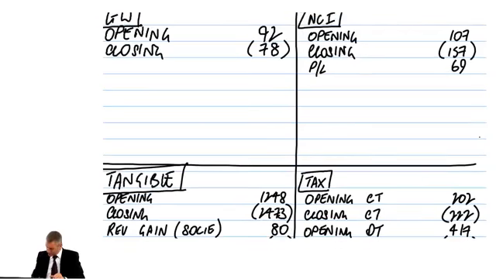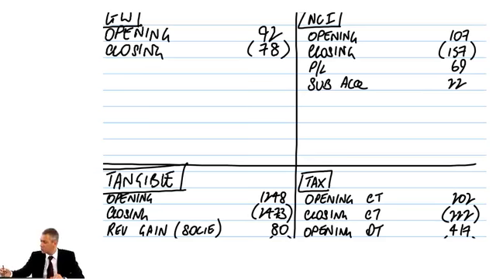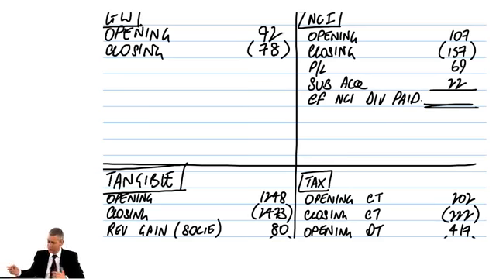So we have sub acquisition and NCI, and we have 22 walking in to NCI. And we add down for another cash flow, it's the NCI dividend paid. How on earth do I know that? I'm cheating, of course. I've done this question before and I've done lots of them like it. That's how you learn this stuff, by doing them.